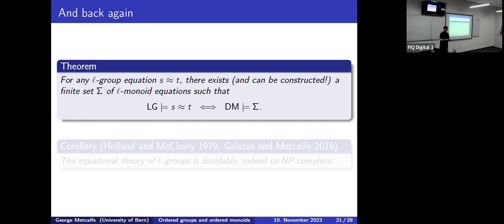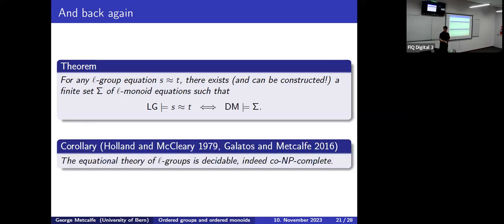And I'll give an example in a moment of how this works. This gives an alternative proof of Holland and McCleary's results. The equational theory of L groups is decidable and actually also coherent.